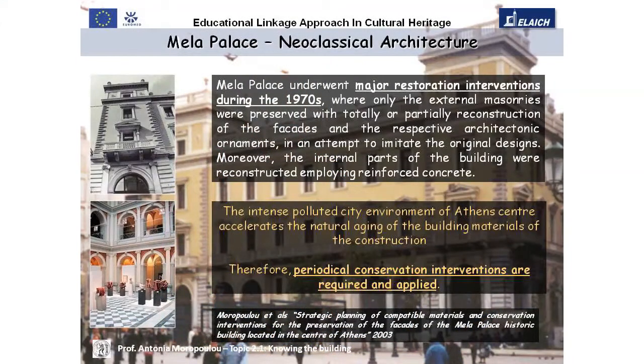Here in the neoclassical building of Mela-Palas in the center of Athens, we can understand very well how the aging of materials in a heavily polluted atmosphere is imposing periodical maintenance and conservation interventions in order to preserve the building.